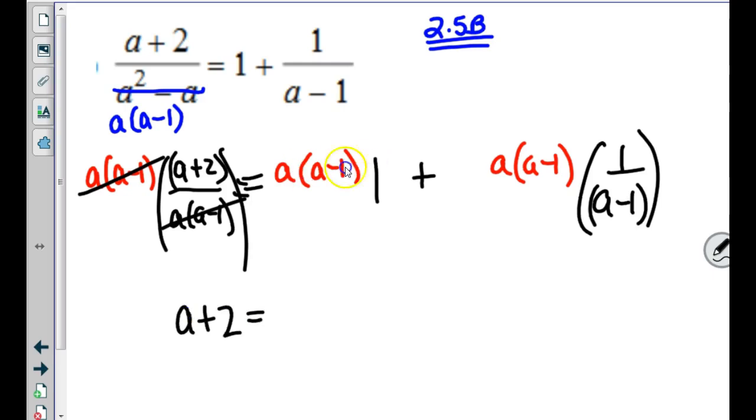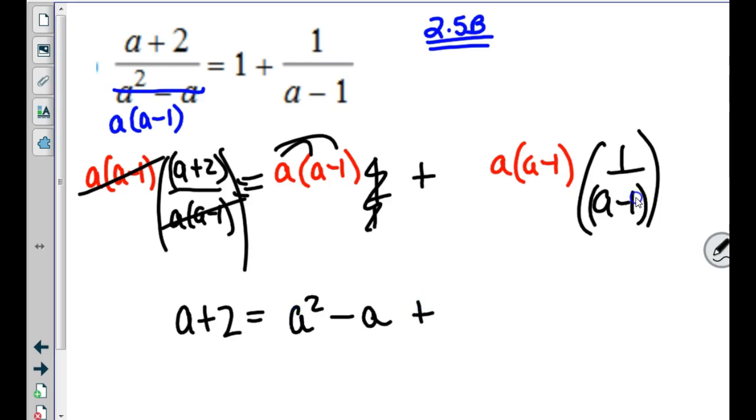Some of you got real wonky when it was multiplied by a constant. This is just 1 over 1, so we end up with this. Can you distribute since we don't have much space? If you multiply this by 1, it does nothing, so you just get a squared minus 1a.